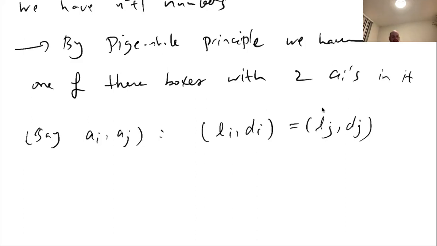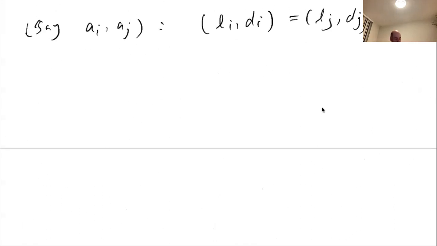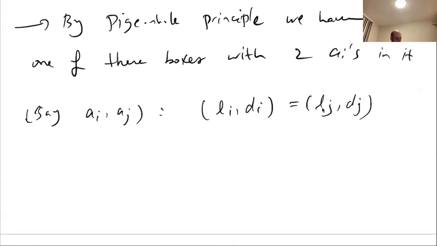Because, for example, if Li and Di and Lj and Dj are both in box number 5, let's say box number 5 is 1, 5, that means both of these pairs are equal to 1, 5. Therefore, they are equal to each other. So if one box contains two AIs in it, that means Li and Di is equal to Lj and Dj.